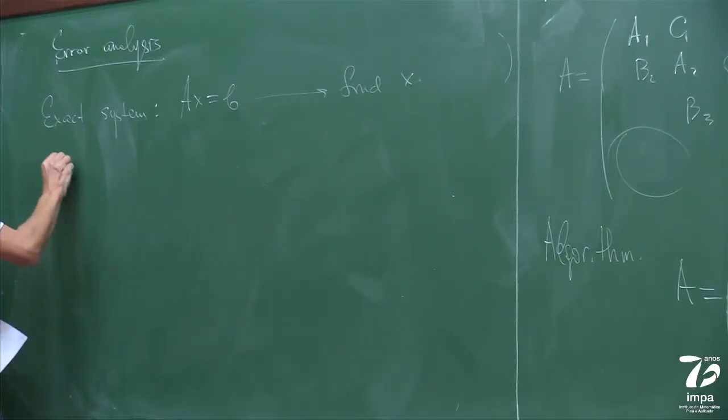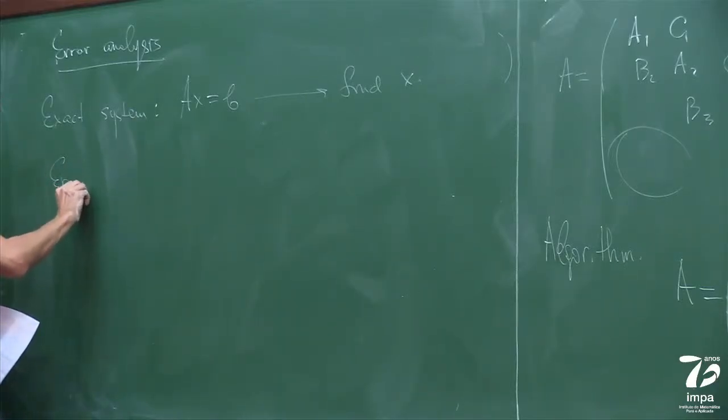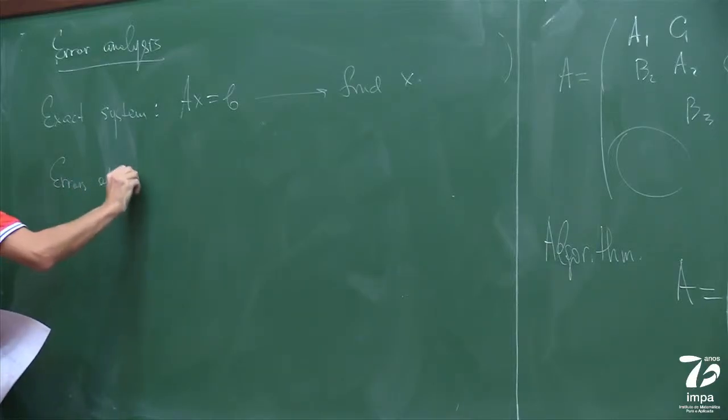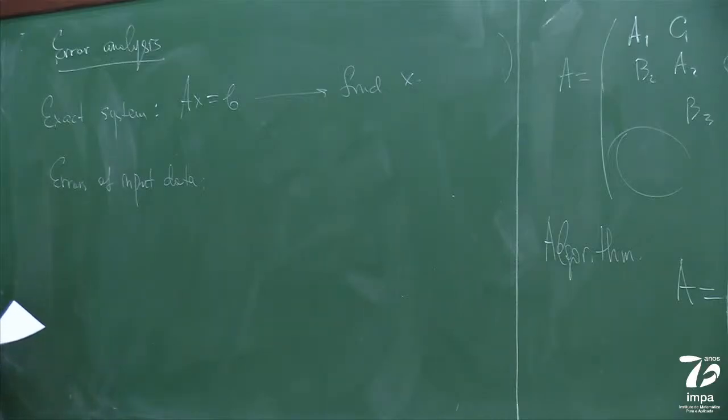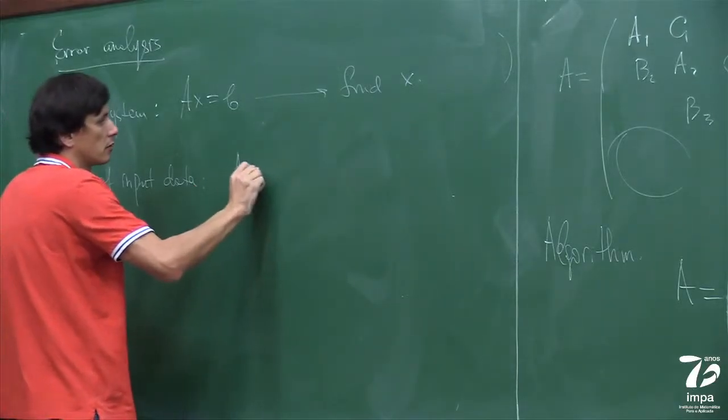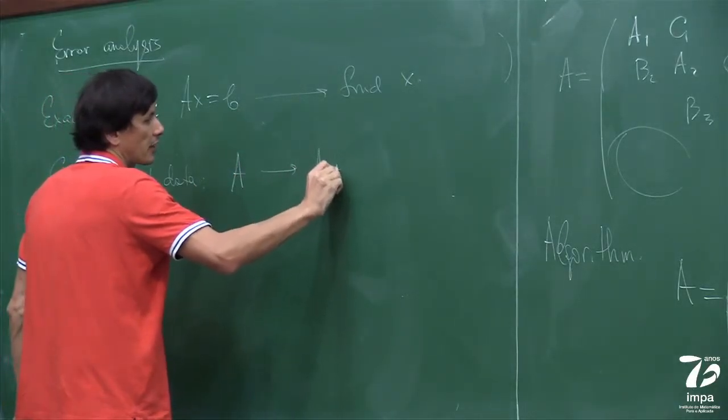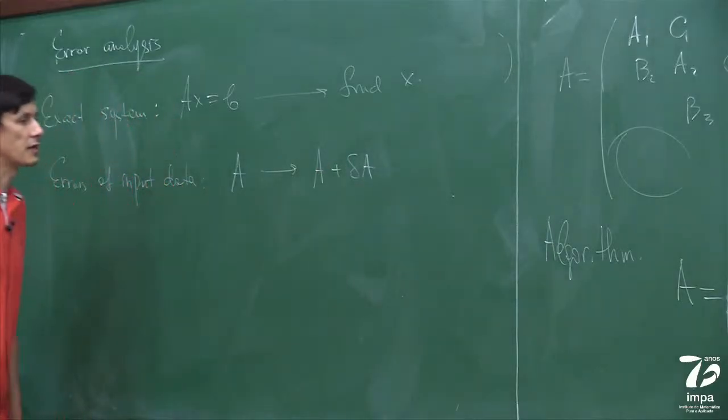Errors of input data means that you don't have A, but actually what you receive is A plus delta A. So there is some perturbation.